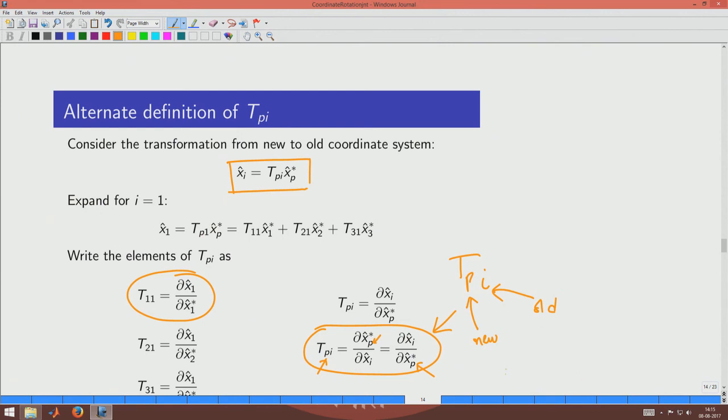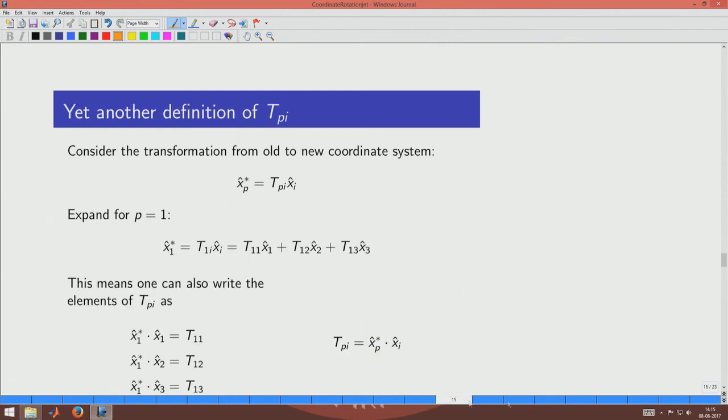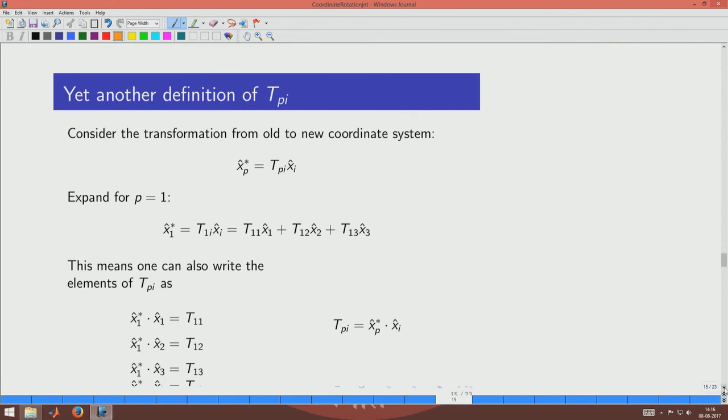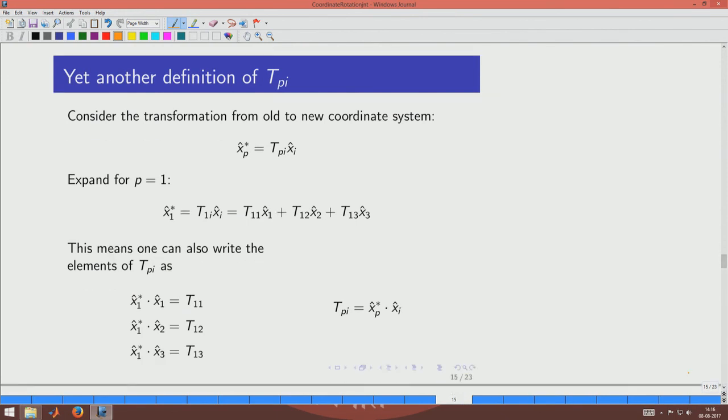So, an alternate way of defining the elements of T when the unit vectors are given in vectorial form is shown here. Instead of looking at partial differentiation, we look at dot products. So, we do the same exercise and we want to get T11 out.